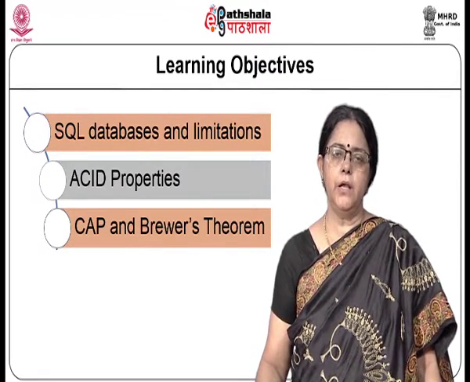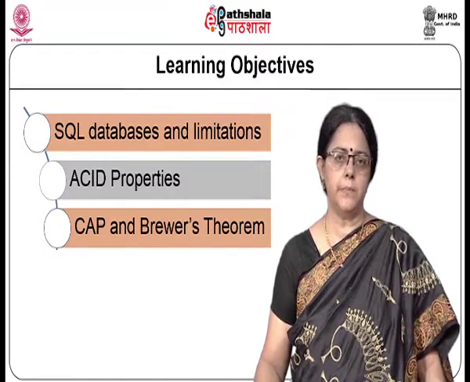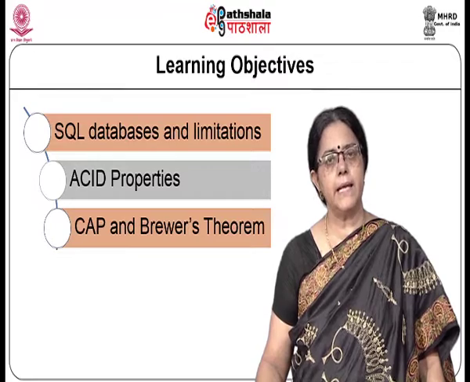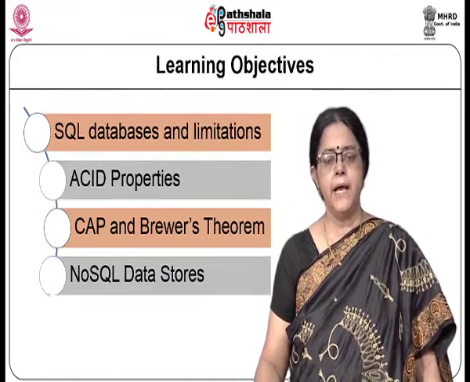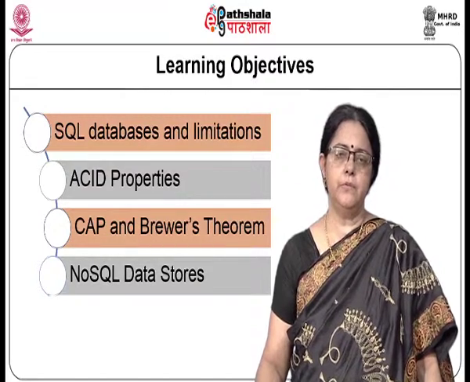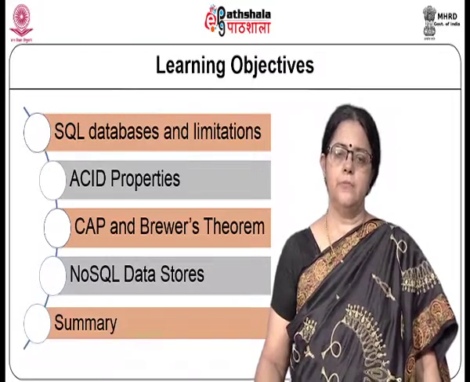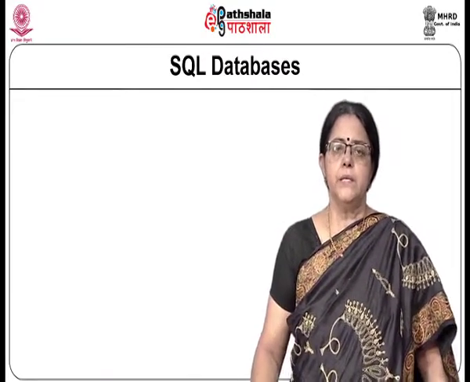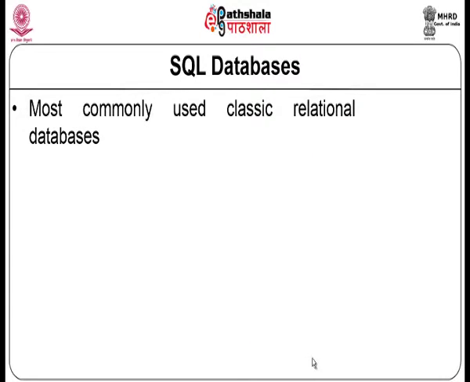Then we will move on to see what CAP is and what the three properties or requirements in CAP are, and a special theorem called Brewer's theorem, and thereby we will come to what are known as NoSQL data stores, followed by the summary.